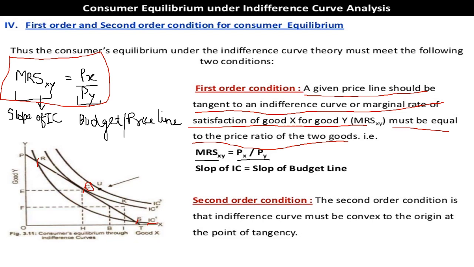IC1 is not the tangent to the budget line. Budget line is denoted by PT. Another IC curve, that is IC3, is far away from the budget line. That means all those points on IC3 are those points which you can't afford with the given income.